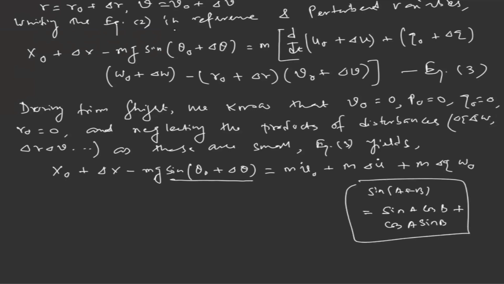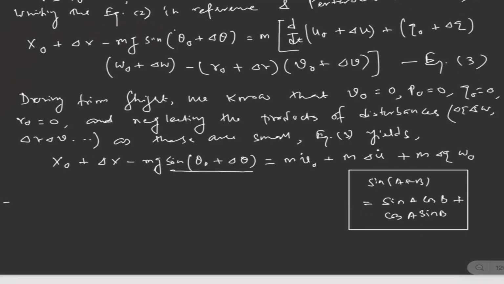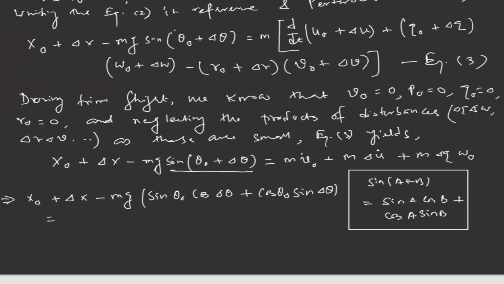So if you expand this expression in this form, we can write X naught plus del X minus mg sine theta naught cos del theta plus cos theta naught sine del theta equal to m u naught dot plus m del u dot plus m del q w naught.